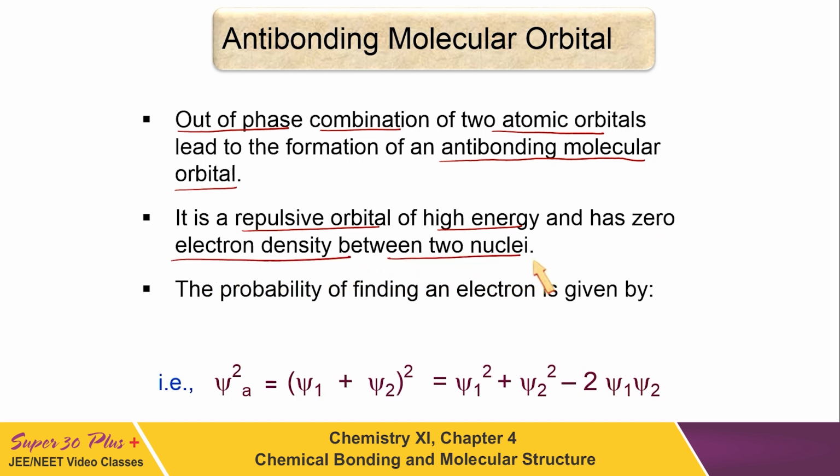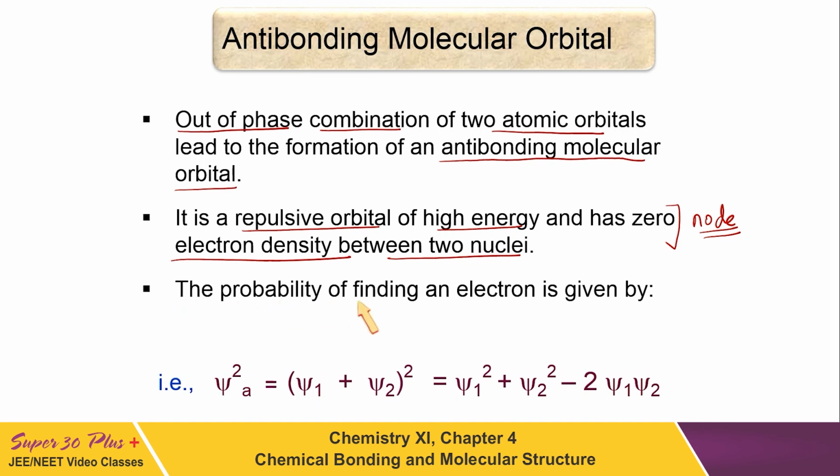Zero electron density means some nodes will be there between the nuclei. Wherever the probability of finding an electron is zero, that particular space is called a node. There is a formation of a node between the nuclei of ABMO.